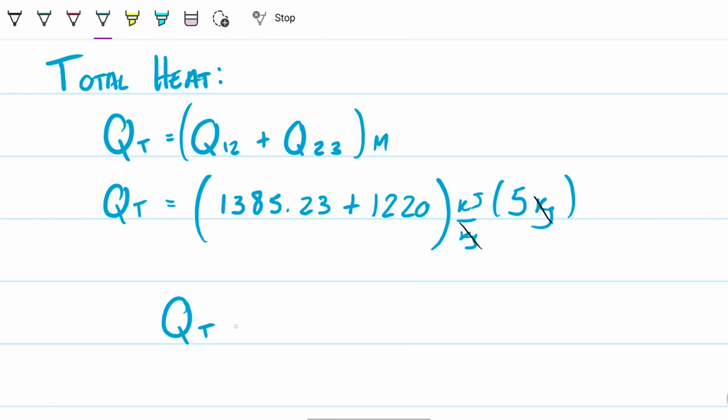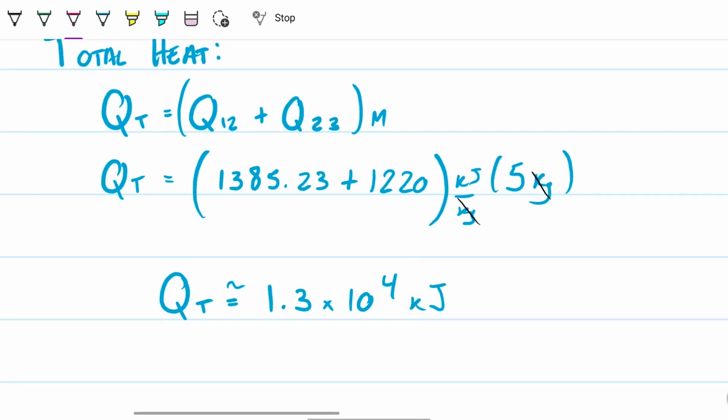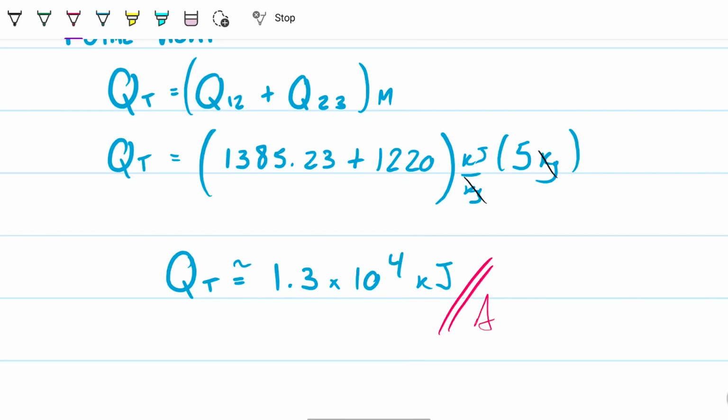So Q total is a big number. Then I'm going to approximate to 1.3 times 10 to the 4 kilojoules. All right, so about 13 megajoules. Beautiful.